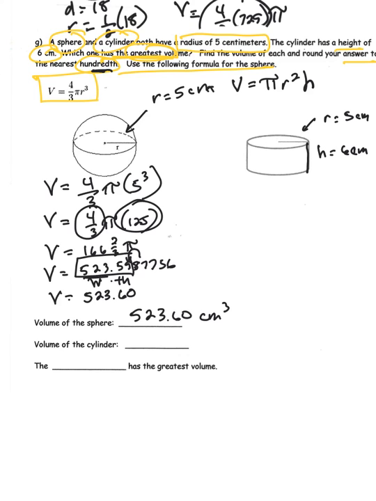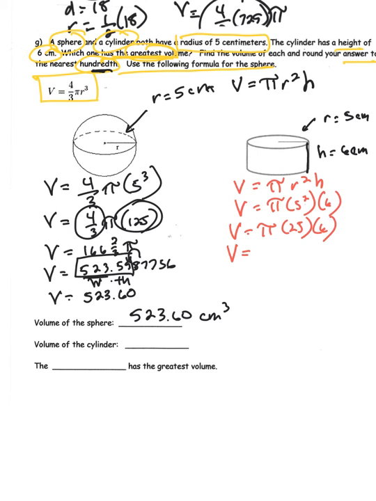Now we're going to work on the volume of the cylinder. So the formula is pi r squared h, and in text we were given that the radius is 5, and we square it, and the height is 6. Volume equals pi times 25 times 6.